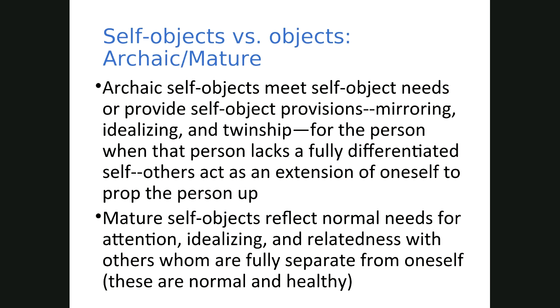Archaic means early needs. The 2-year-old is experiencing the parent in a very one-sided way because they are completely dependent on the parent. So they need mirroring, idealizing, and twinship from that person. And they act in ways that try to cultivate it. But then slowly over time, they internalize those functions so that they can perform them for themselves.